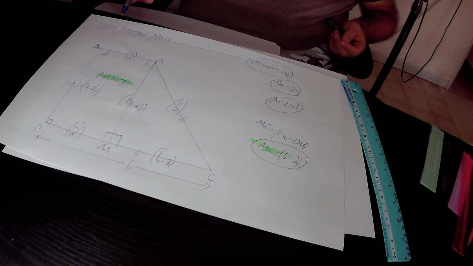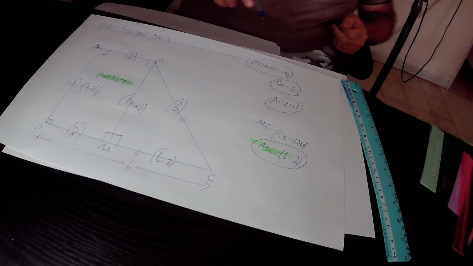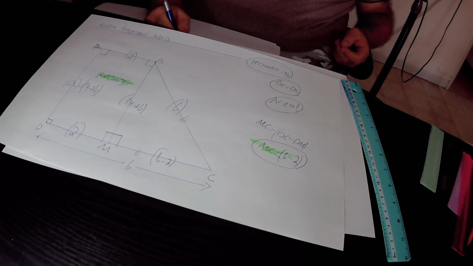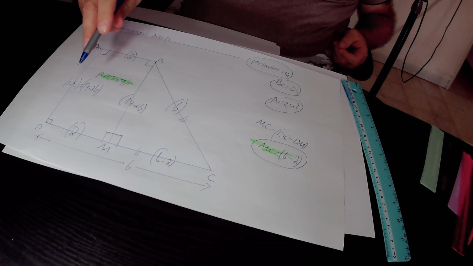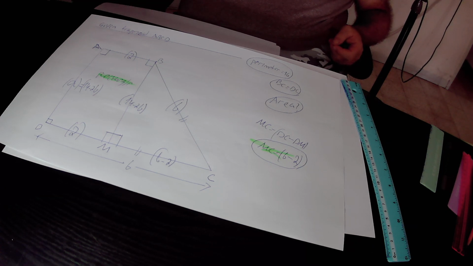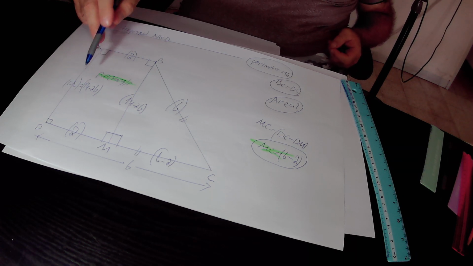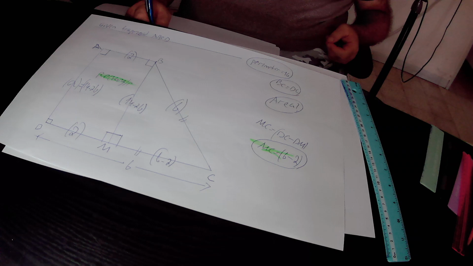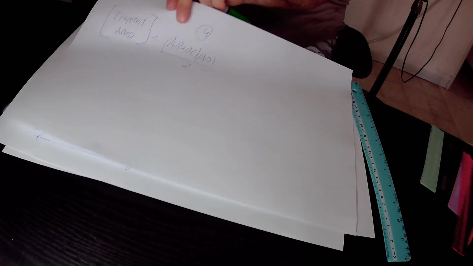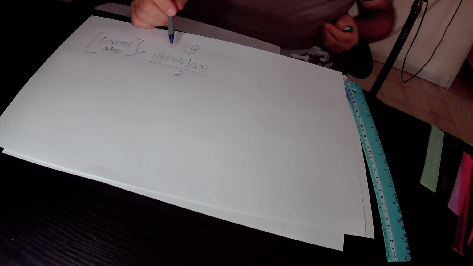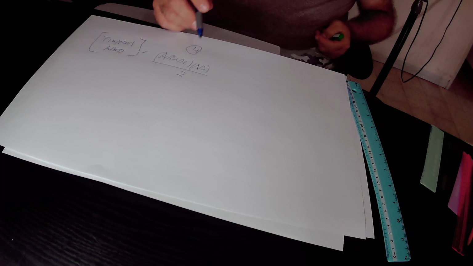It is easy to see that the two parallel bases are AB and DC, so it is AB plus DC, times the height. You can see that AD creates 90 degrees with the two parallel bases. Therefore AD is the height, over 2.